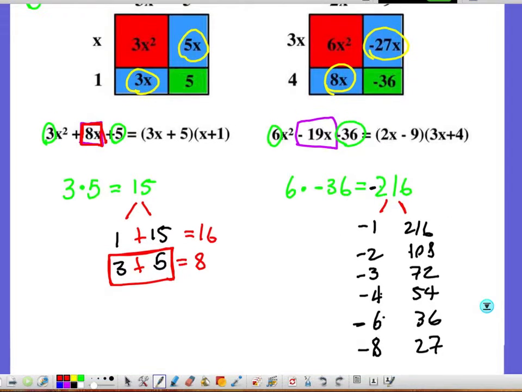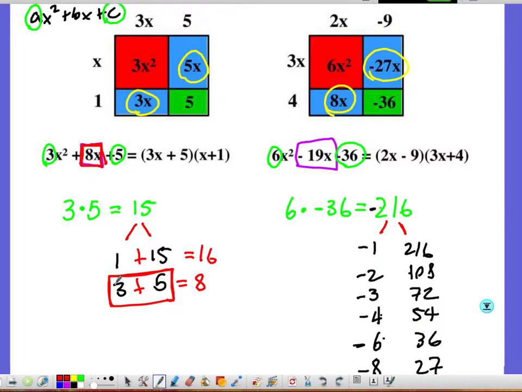This is exactly what I'm looking for. And take a look. Since these are the pairs of factors of 15 that add up to 8, these are exactly the numbers that go inside my boxes.